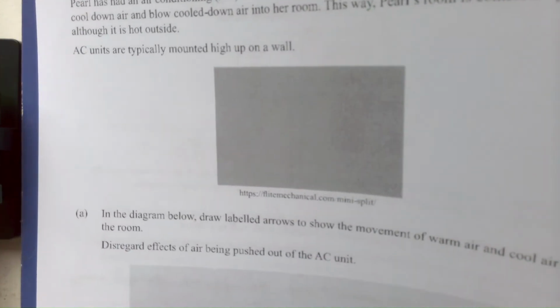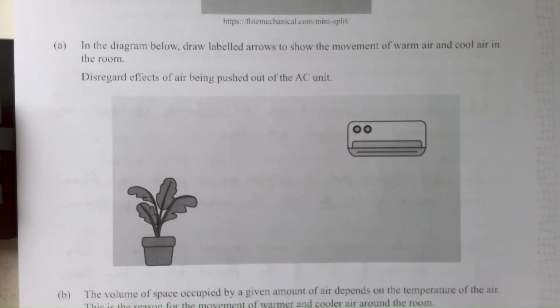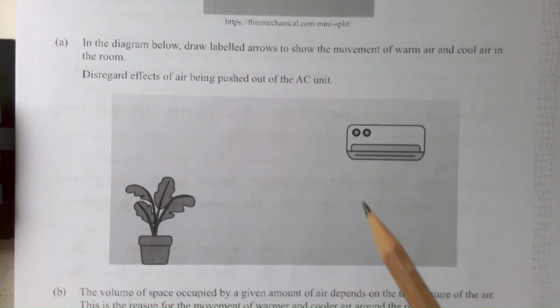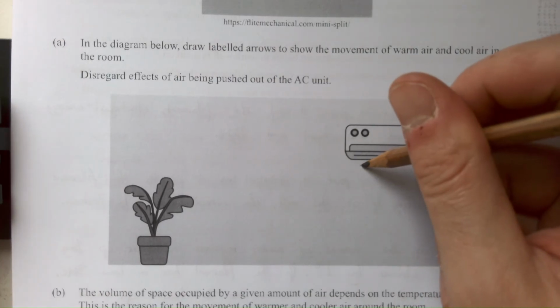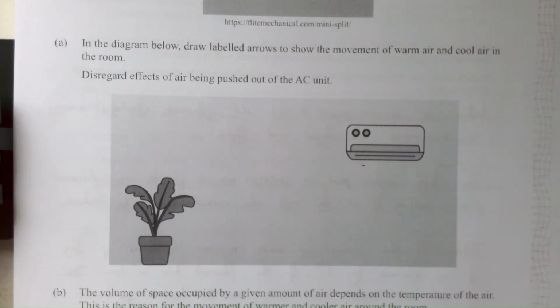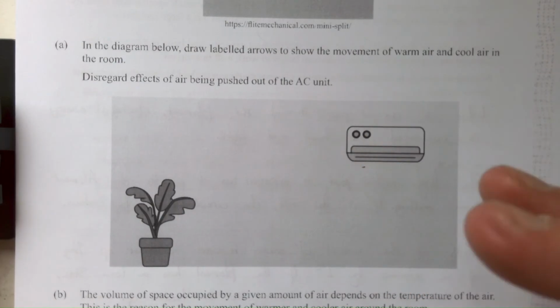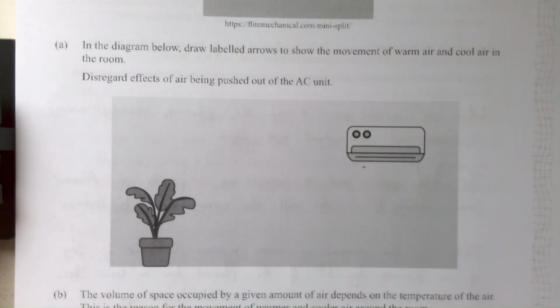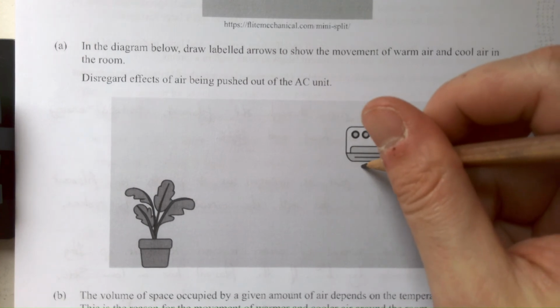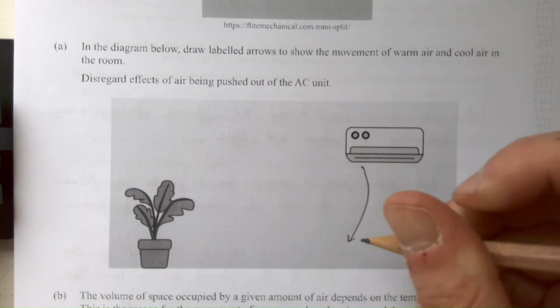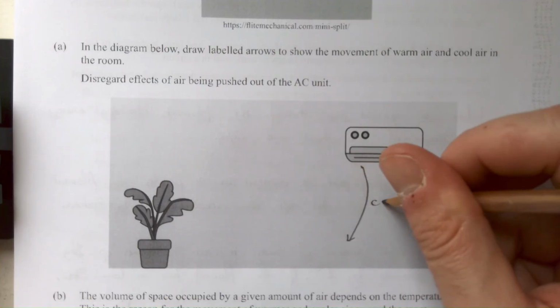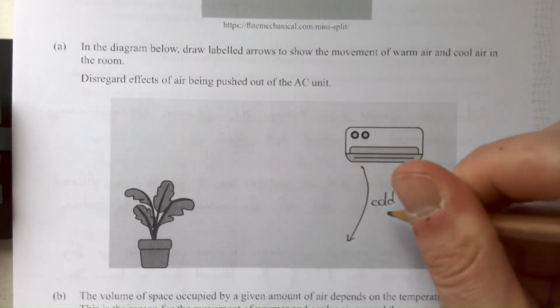So we haven't got to worry about the wind effect from it blowing, but if we are depositing cold air here at the bottom of the AC unit, the cold air, because it's an air conditioning unit, it's cooling down air, that colder air is less expanded. It's got a higher density. Therefore, the cold gas sinks. So you can say cold air sinks.